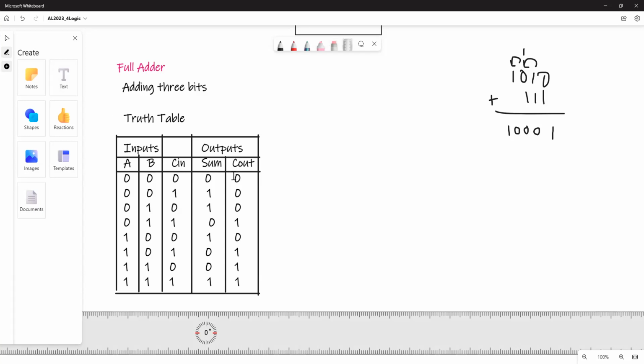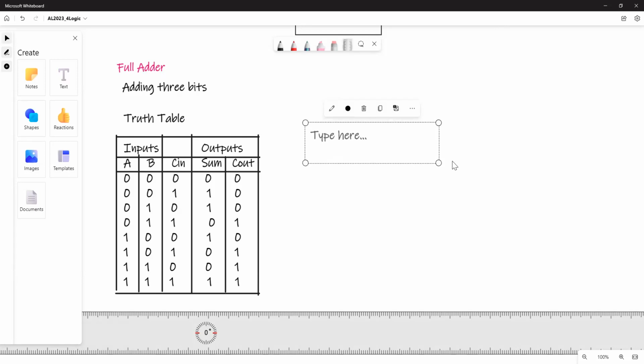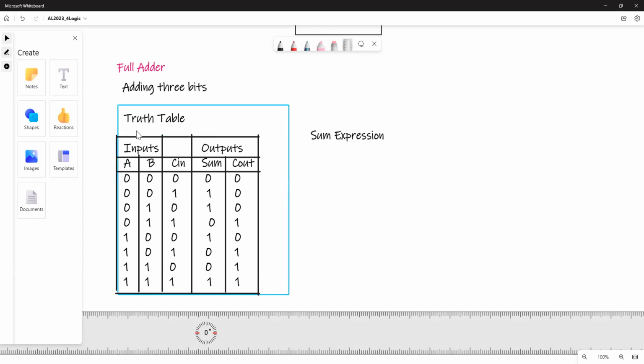Now let's write the sum expression. Let me use both Karnaugh maps and Boolean simplification.